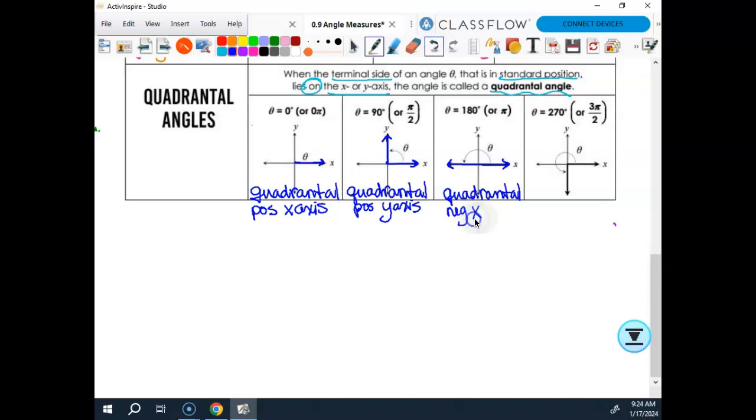Negative x-axis. Okay. Because it's the negative x's. I'm talking about an axis. Then if I'm at 3 pi halves, or however else I can get there, negative pi halves, then it is quadrantal on the negative y-axis.